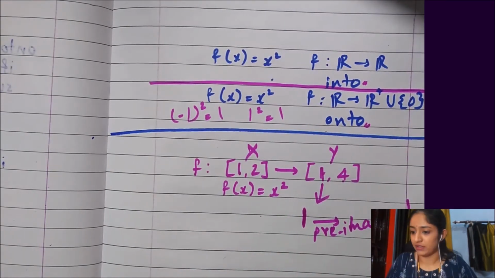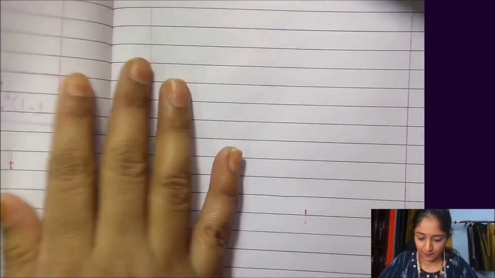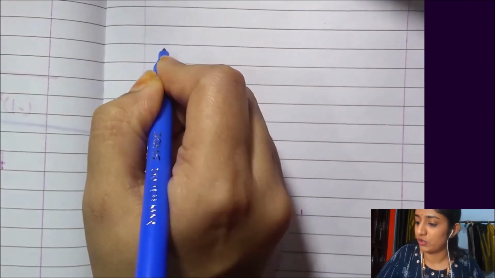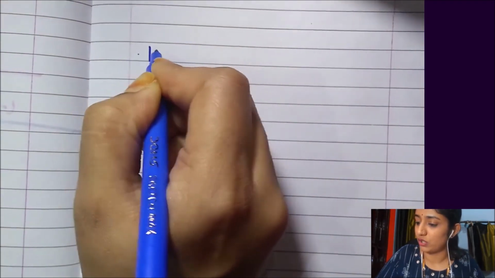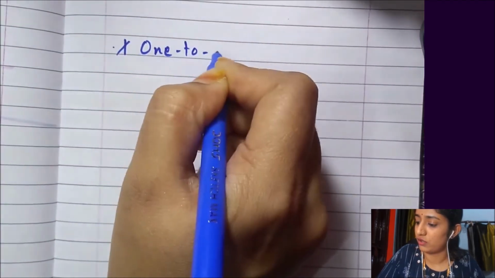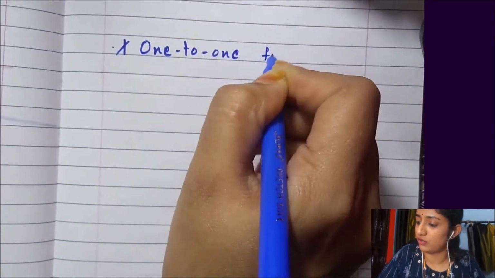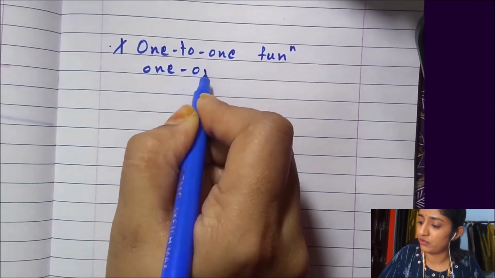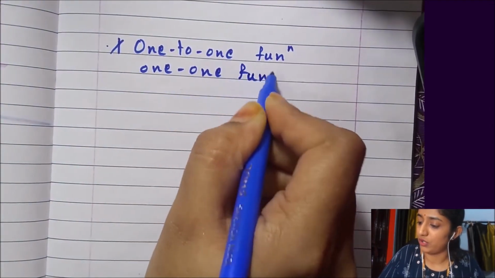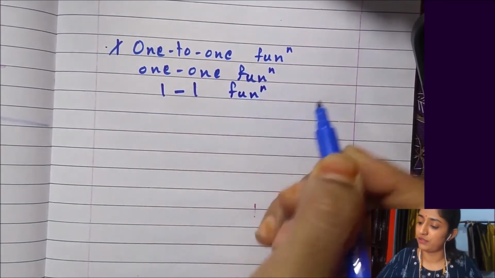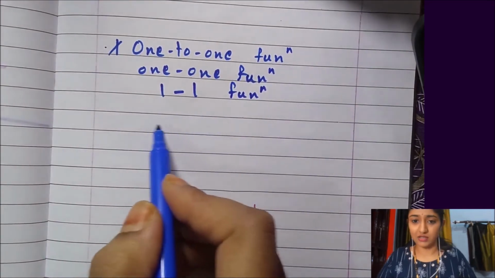Let's define it rigorously. So the rigorous definition of a one-to-one function, we also write one-one function. So these are just the names.